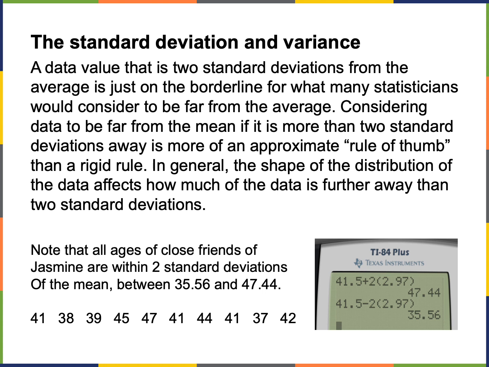If we add 2 of them to the mean, we get this upper bound value, and if we subtract 2 standard deviations from the mean, we get this lower bound.